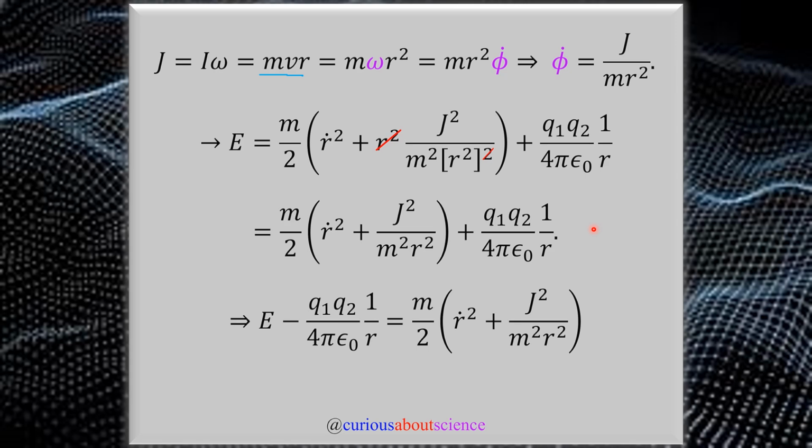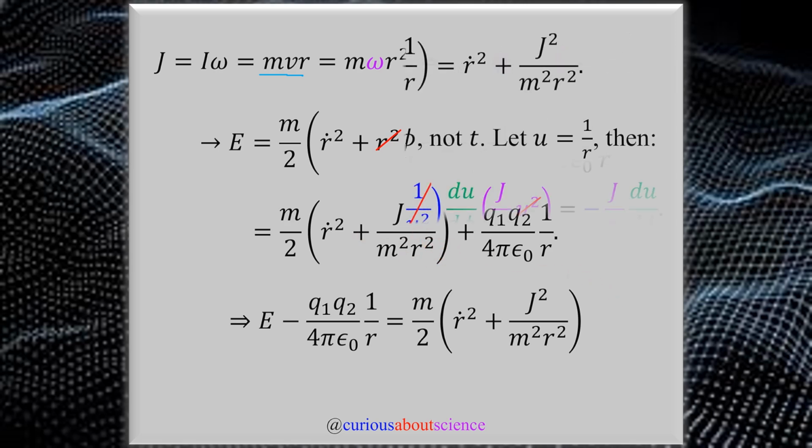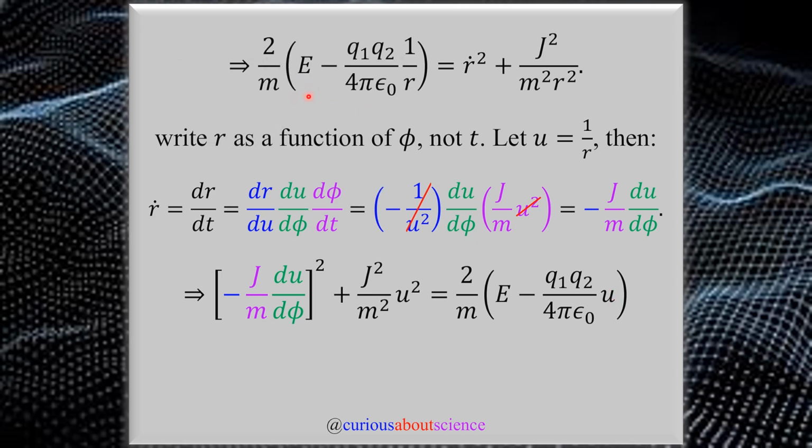But now we're left with something that has to be handled. So we're going to put everything like this over here and really isolate on this r dot and r down here, and we'll see why in just a second. All right, so isolate everything, get everything to the other side, minus the potential, divide by the mass, multiply by 2.